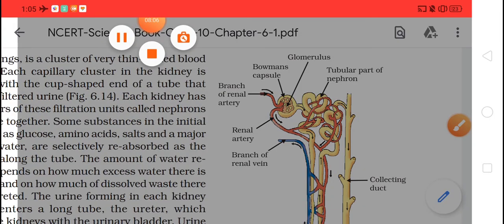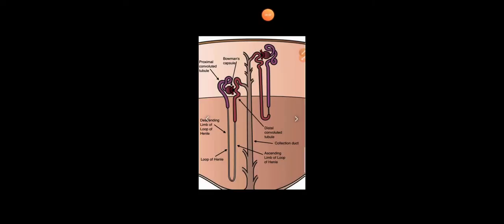I'll explain you. Yes, so this is one of the diagrams which I found, and this will be very useful for you. That's why I have taken this diagram. Okay, now see what is happening here. They have shown two nephrons.